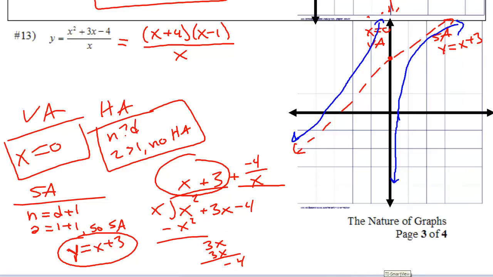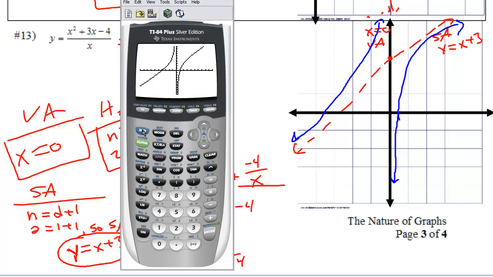What are my intercepts? I have no y-intercepts, but I have some x-intercepts. Second, calculate, zero. I don't see my cursor. There it is. To the left, hit enter. To the right, I hit enter. I want you to guess.